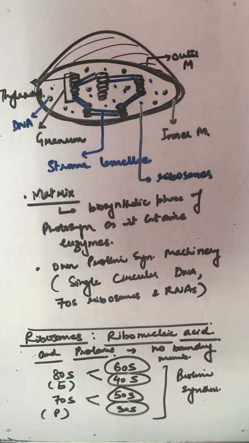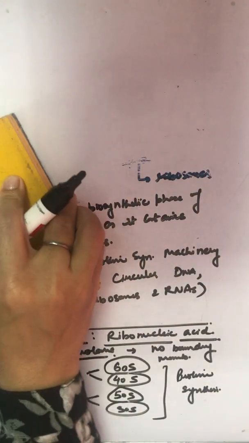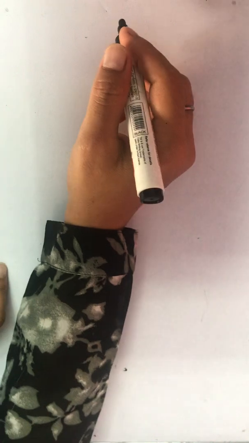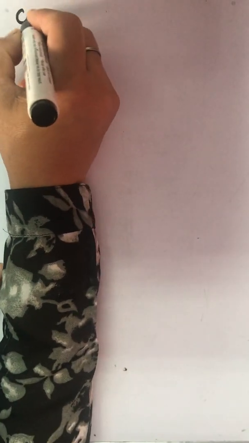What do we mean by cytoskeletal structure? Cytoskeletal structure is an elaborated network of filamentous proteinaceous structures, basically microtubules and microfilaments in the cytoplasm.